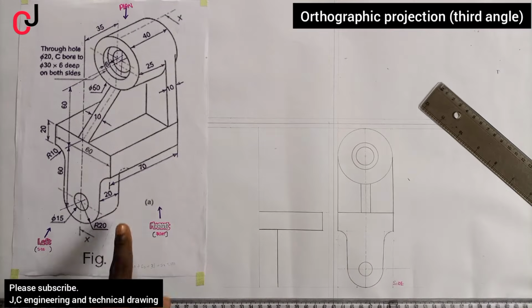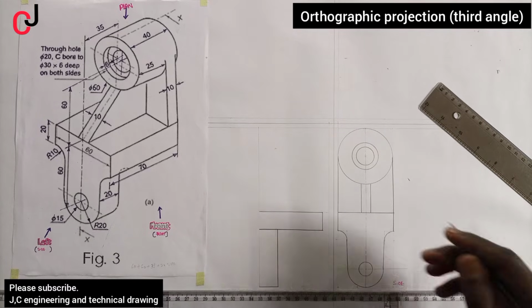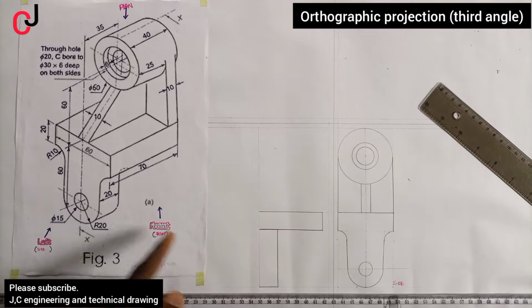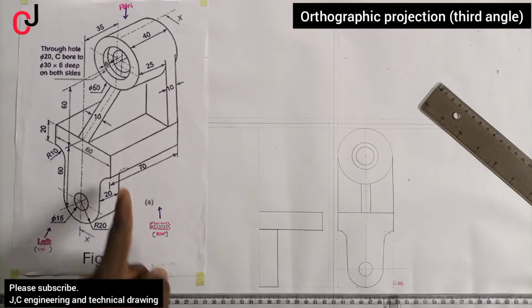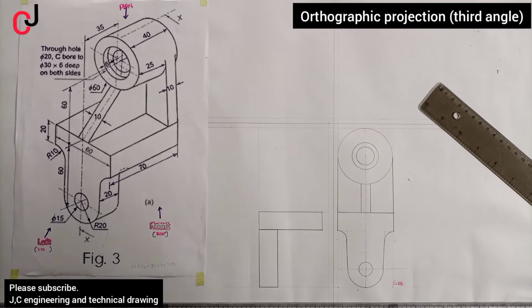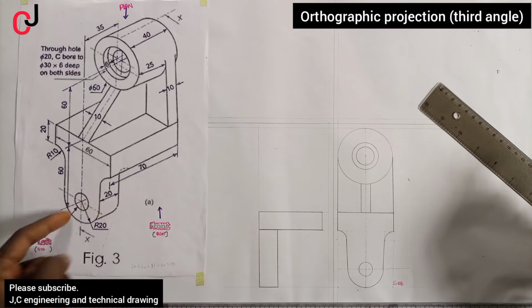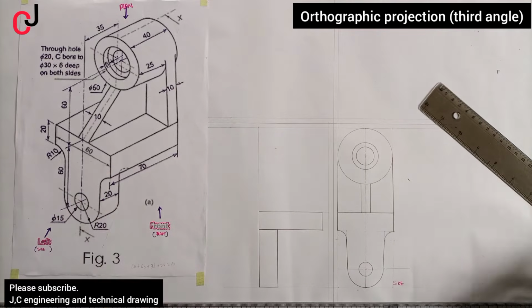Also, while looking at it from here, you can see this will become a straight line. So also outline this portion, and then we'll also outline this. This comes straight while looking at it from your front view. Now, while looking at it from our front view, you can see this hole will be passing through, so it becomes a hidden detail.